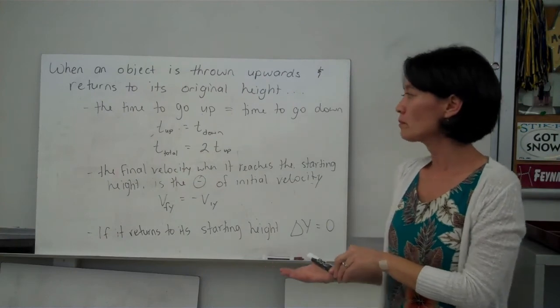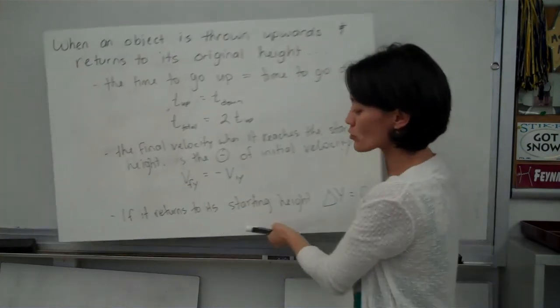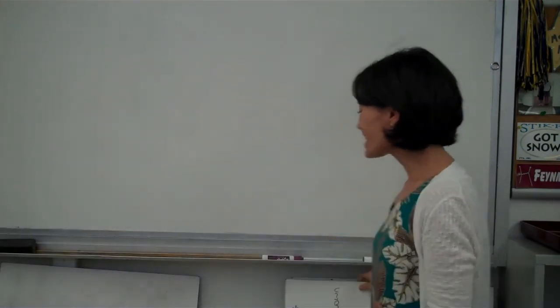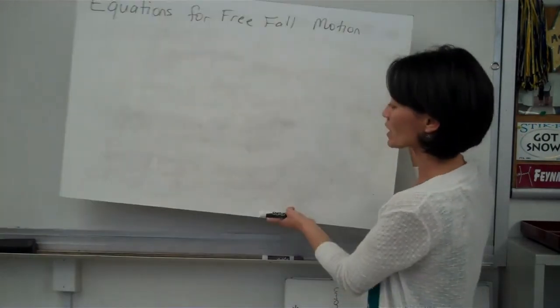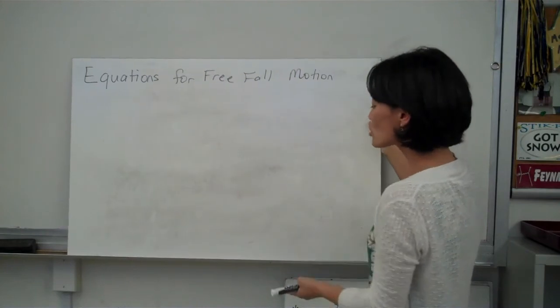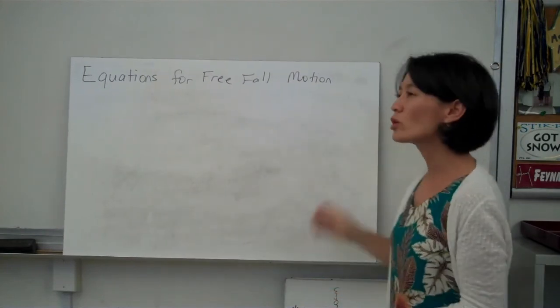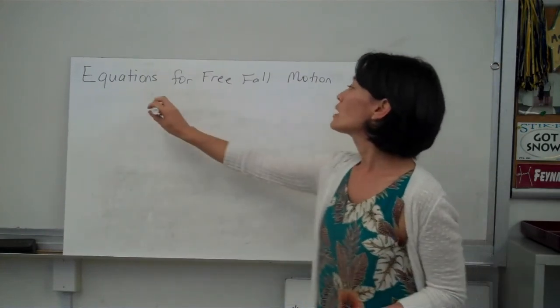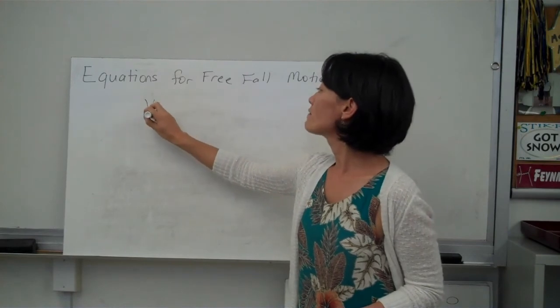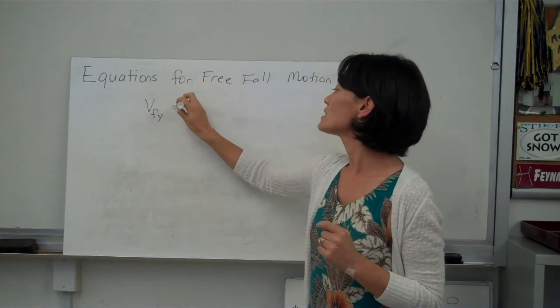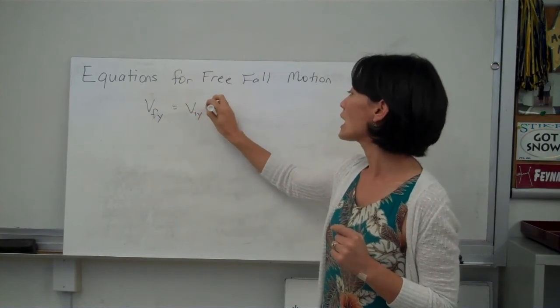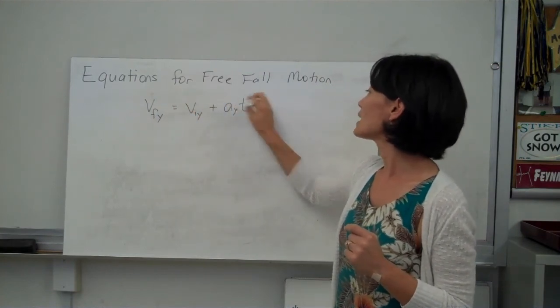Okay? Now, in terms of the equations for free fall motion, they are the exact same equations that we have been studying, those same 3 kinematic equations. The only thing is we're going to be a bit particular and include y's. So the first equation says that v final y is equal to v initial y plus a y t.